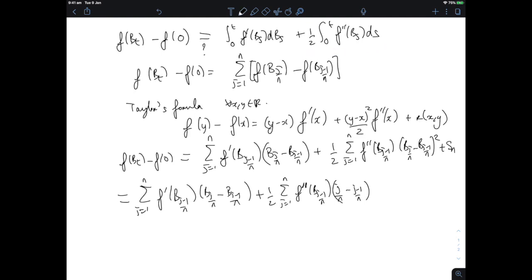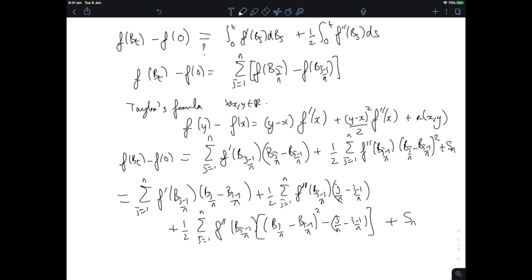Now I've added that term, so I need to subtract it, so I'm going to have a term that is the sum j equal 1 to n of f second of B_{(j-1)/n} times B_{j/n} minus B_{(j-1)/n} squared minus (j/n minus (j-1)/n). And now this is the term which we will have to prove goes to 0.